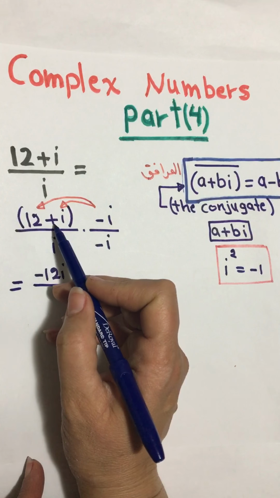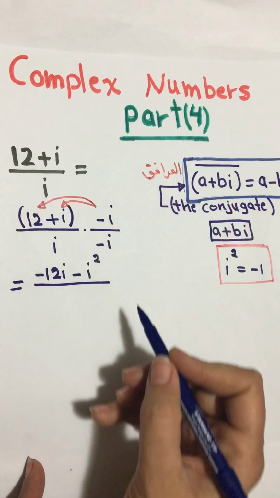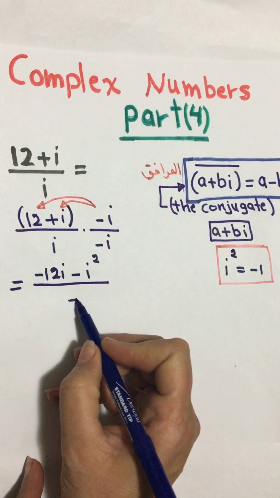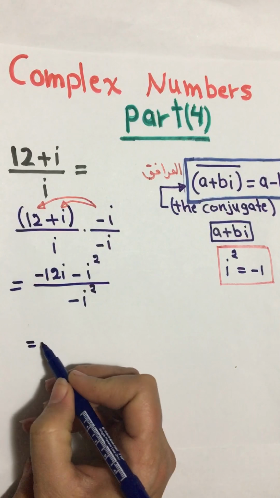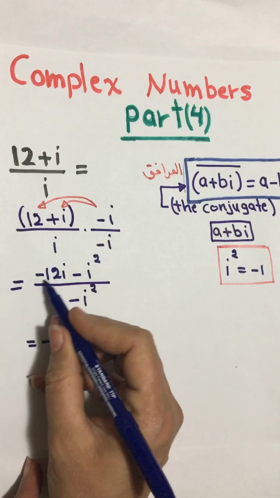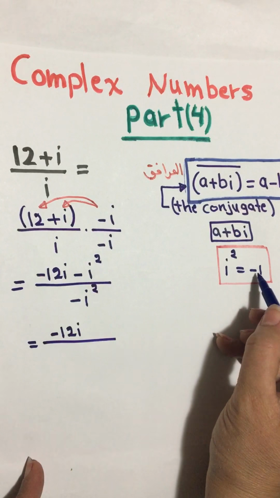Negative i times positive i, negative i squared. Equals negative 12i minus i squared, and i squared equals negative 1.